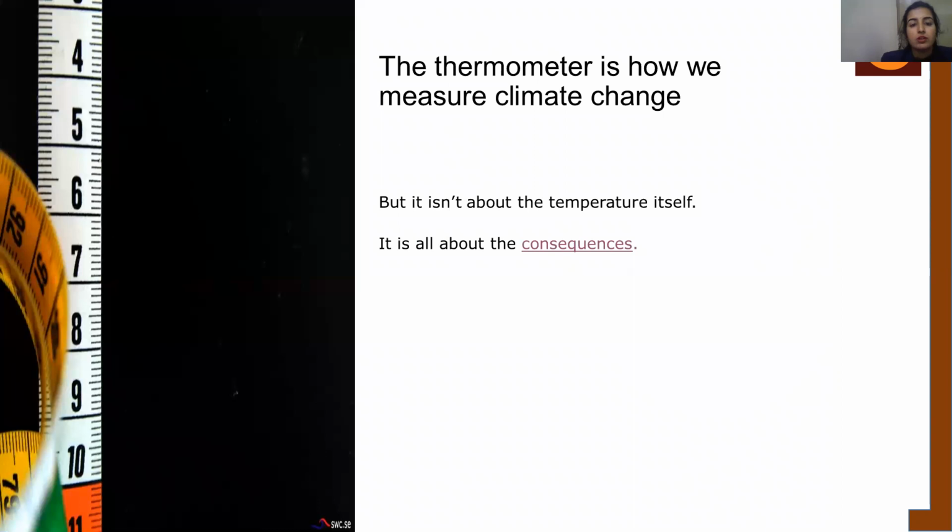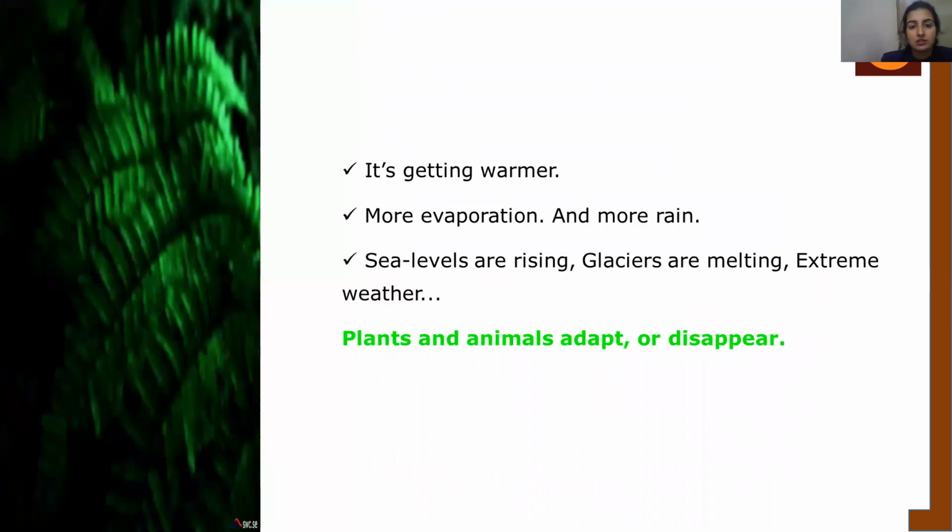We measure climate change with the help of a thermometer, but the actual concern is the consequences associated with this climate change. That is the actual concern.